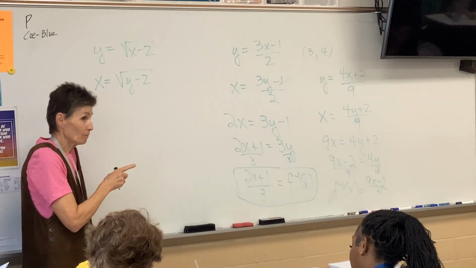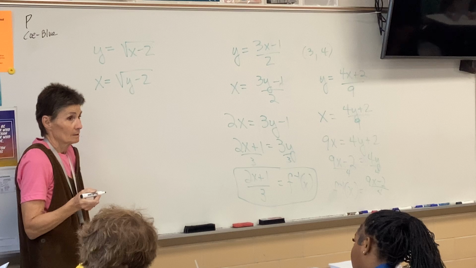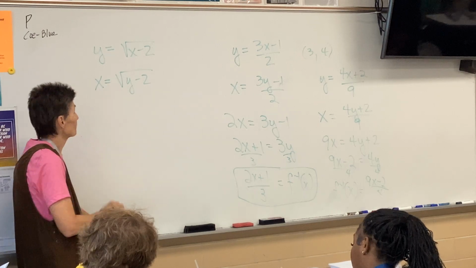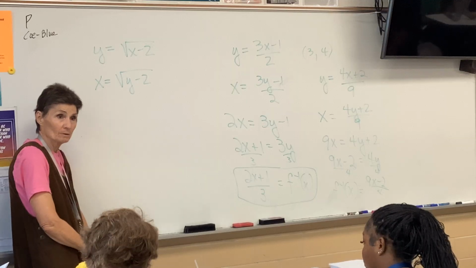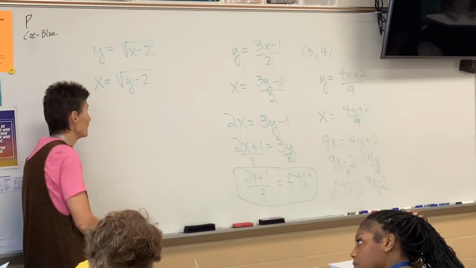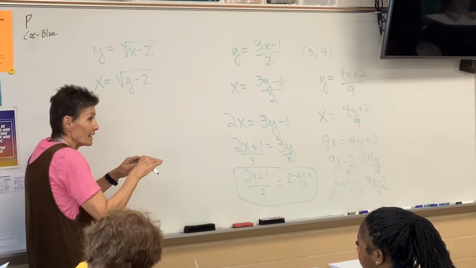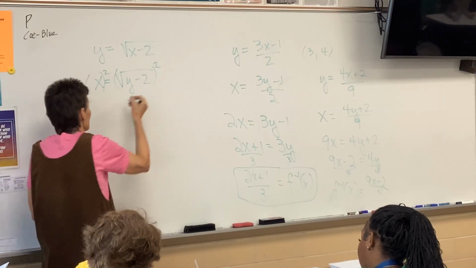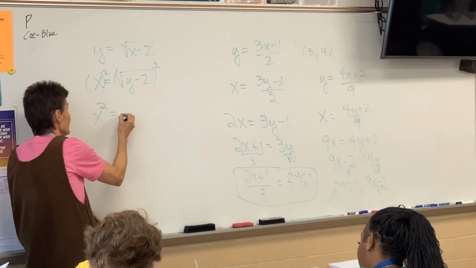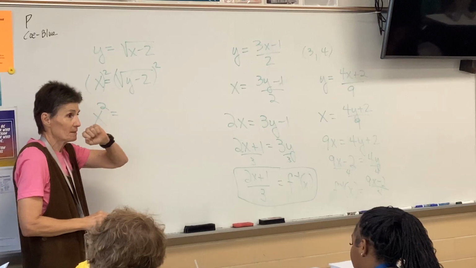Now it looks different, but we're doing the same thing. You have to get y by itself. What do you think we might need to do? Square. Absolutely. We got to square both sides because we can't get that y by itself when it's under a radical. So we're going to square both sides. So we have x squared. What happens over here? When you square a radical, what happens?